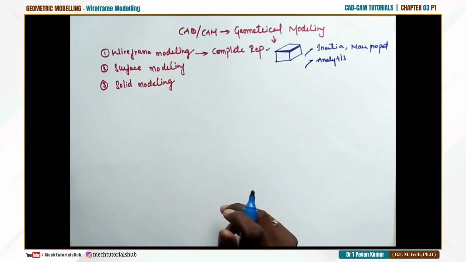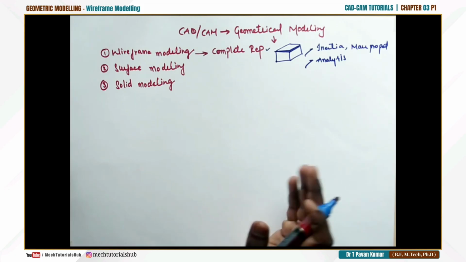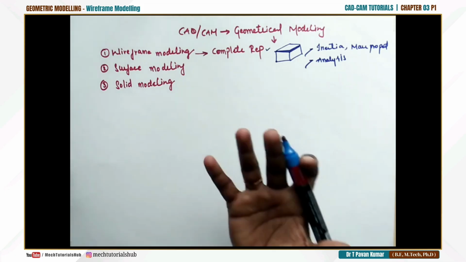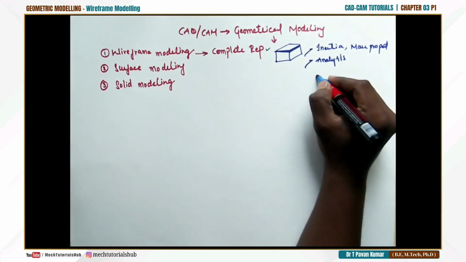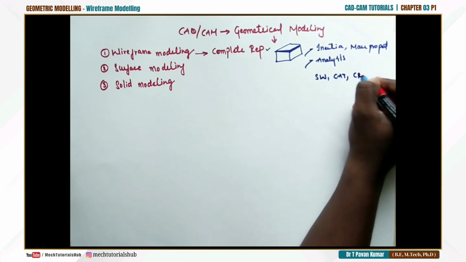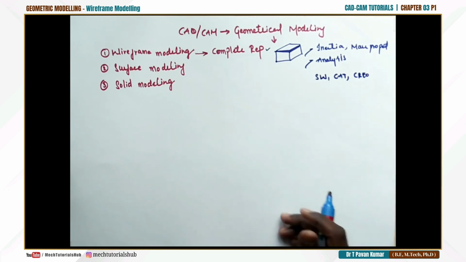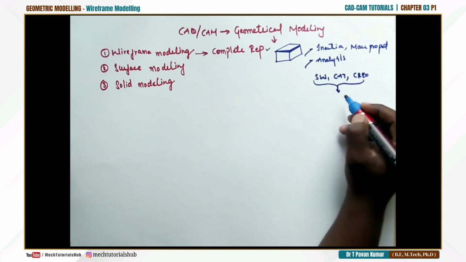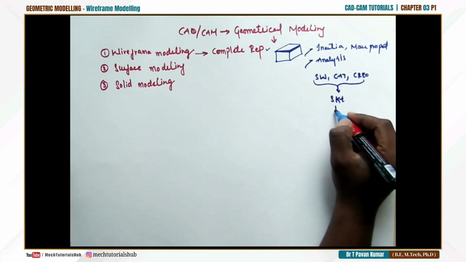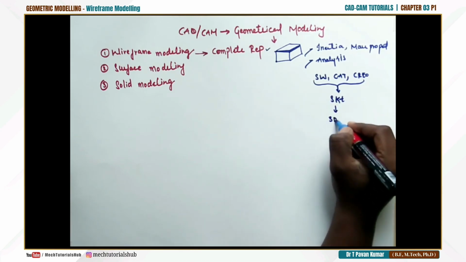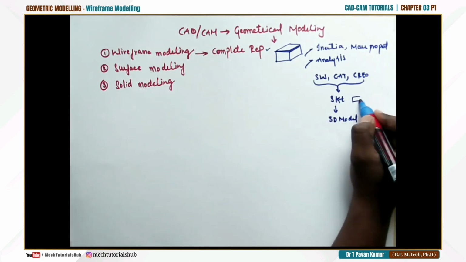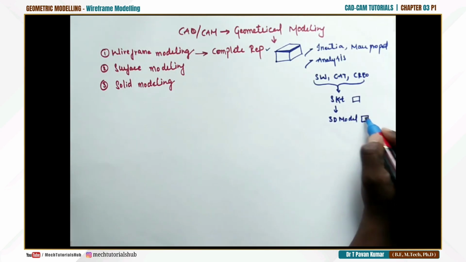That is not possible with other software like SolidWorks, CATIA or Creo, or any other 3D modeling software, where you develop a sketch and transform it into a 3D model. For example, if this is your sketch, your model is supposed to be something like this.